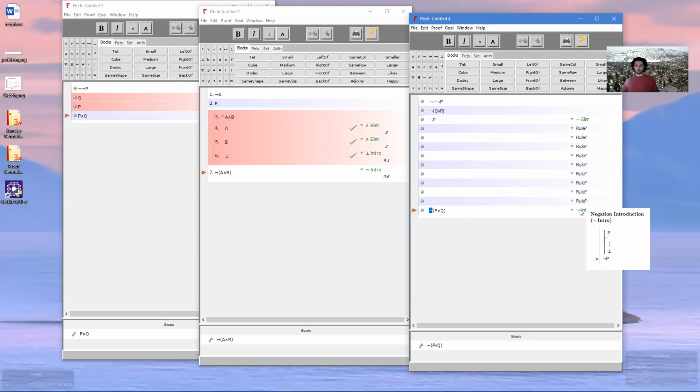That's all we're going to do. So I'll hover over this again just to show you. We're trying to prove not stuff, so we need to assume stuff.